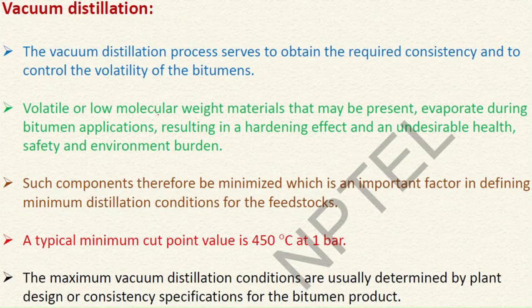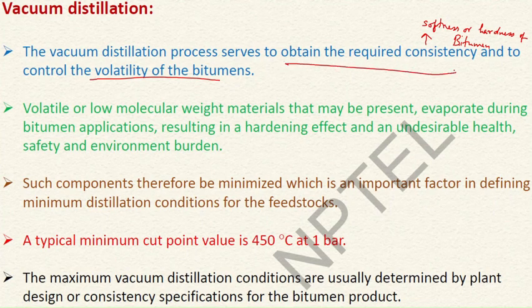Coming on to the first procedure, which is vacuum distillation. The vacuum distillation process serves to obtain the required consistency, which basically means the softness or hardness of the bitumen, and to control the volatility of the bitumen.